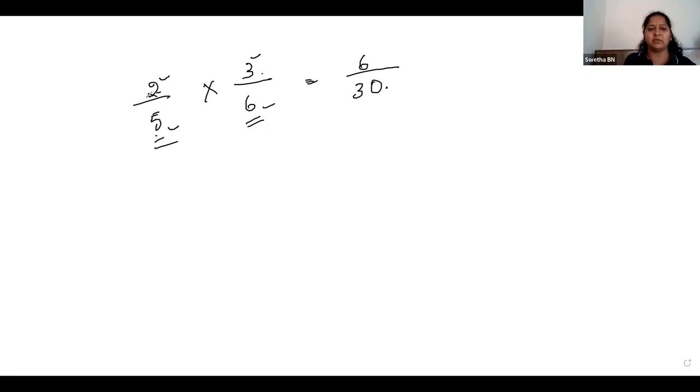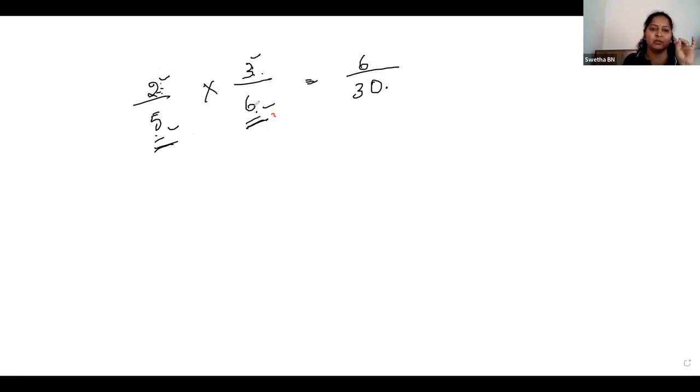See, which numbers can you cancel in this? We have 2 and 3 in the numerator. In the denominator, we have 5 and 6. Either you can cancel 2 and 6, or 3 and 6. We can cancel 2 1s, 2 3s or 3 1s, 3 2s. But you can cancel only one time.